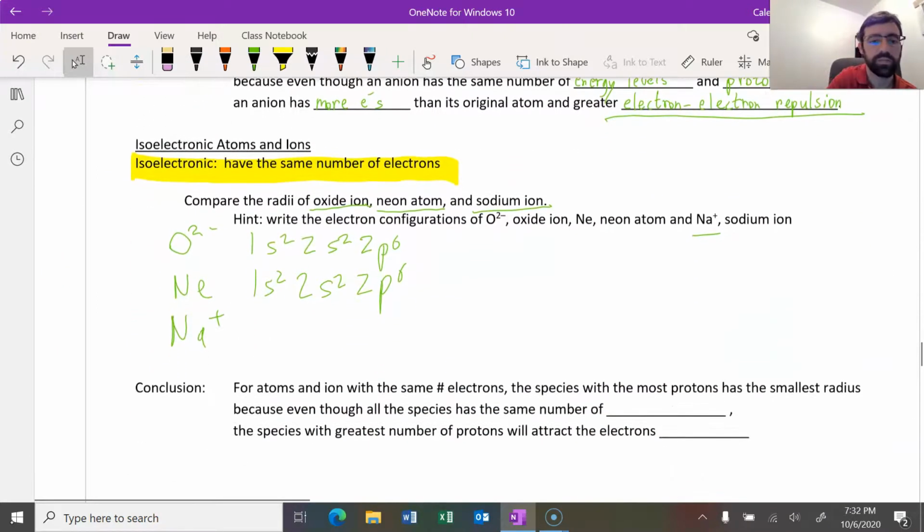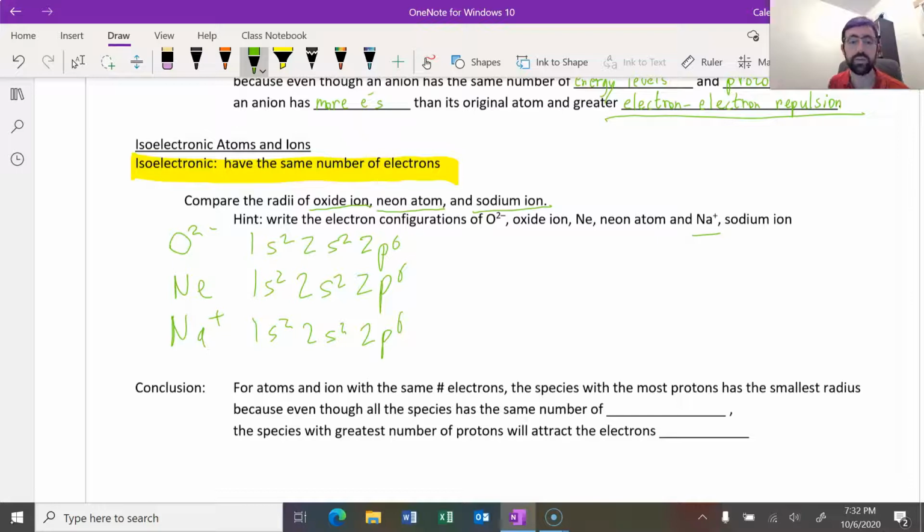So the sodium plus ion would be 1s2, 2s2, 2p6. The same electron configuration for each of them.